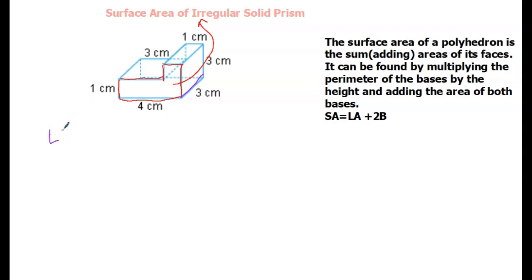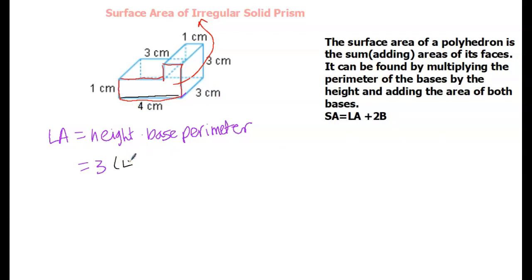So let's look at our lateral. You know that the lateral is the height times the base perimeter. So we are using this as a height, and then the perimeter of the base, which is here, which happens to be 4, plus this side here 3, plus here we use this number 1, plus down here.